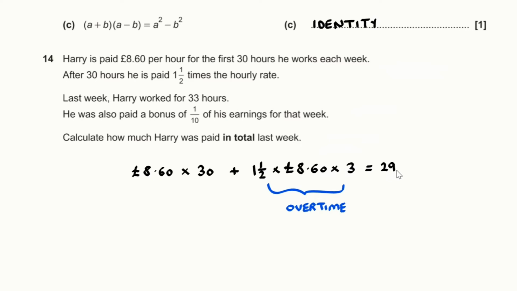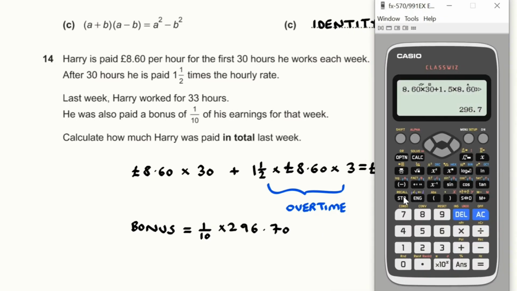So we've got 296.70, and then with the bonus, we've got the bonus, which is equal to 1/10 of the 296.70. So if I divide this by 10, I get 29.67.